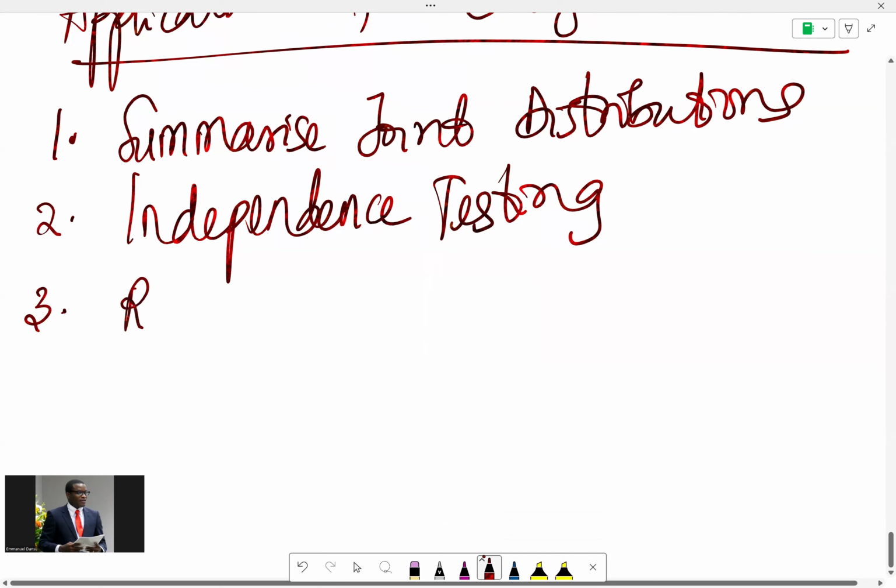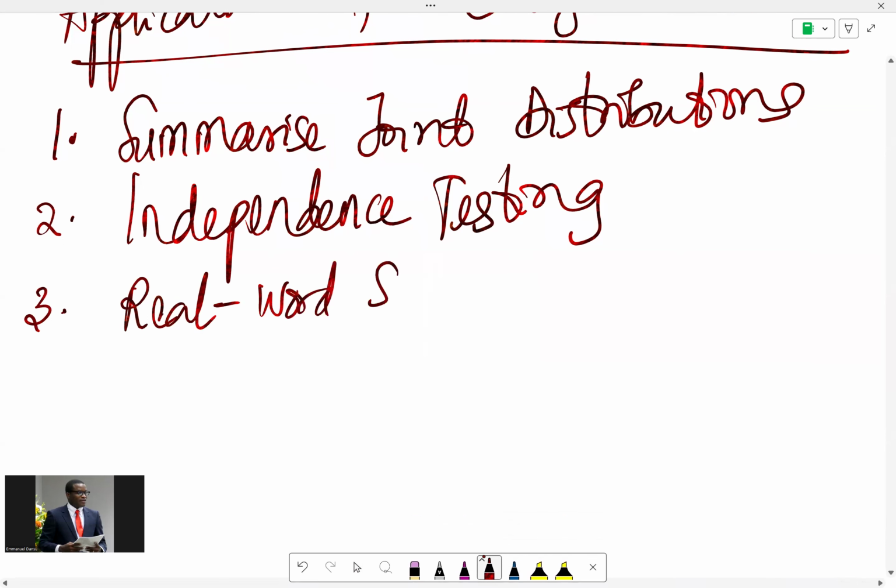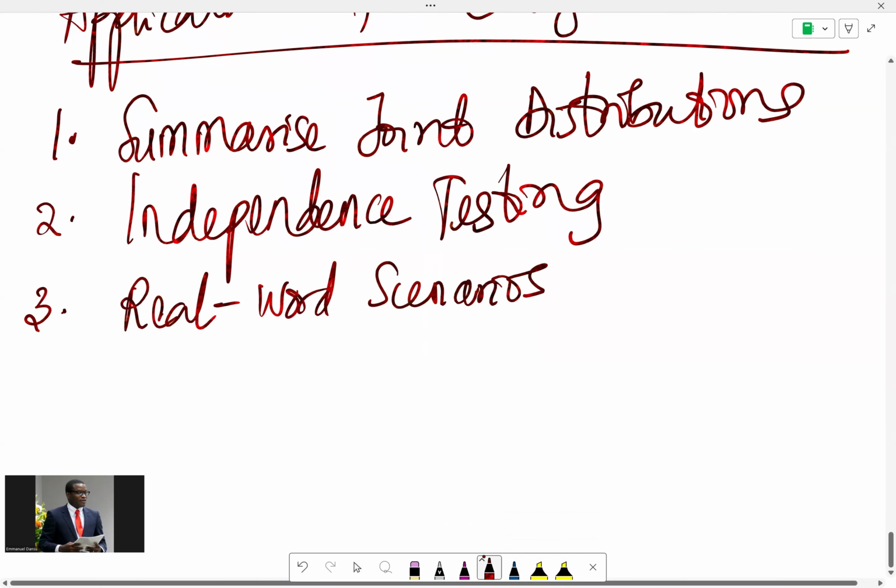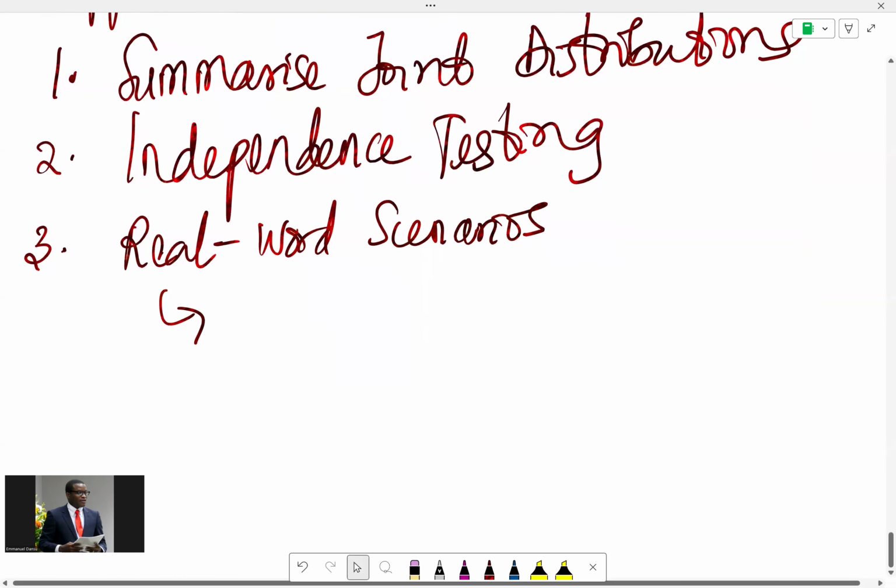And lastly, we have real-world scenarios. In a medical study involving two variables like age and blood pressure, the marginal distribution of age will tell you the probability of a person's age without considering their blood pressure. And of course, the marginal distribution of blood pressure will tell you the probability of their blood pressure without considering their age.